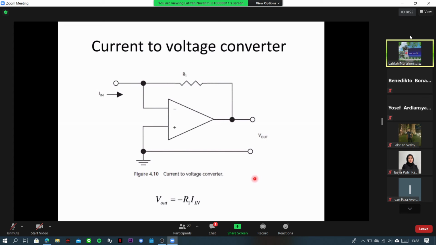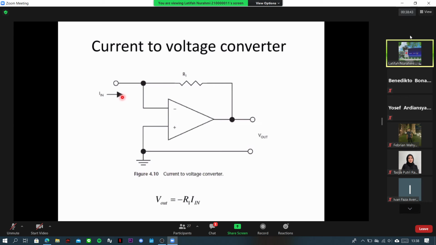You will see this symbol quite a lot. This is basically what we call the amplifier symbol, but it can be used not only for amplification, but also for conversion.